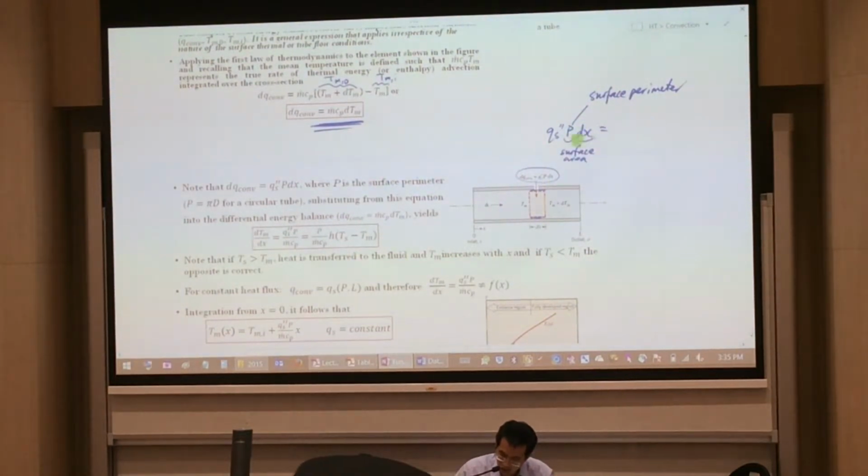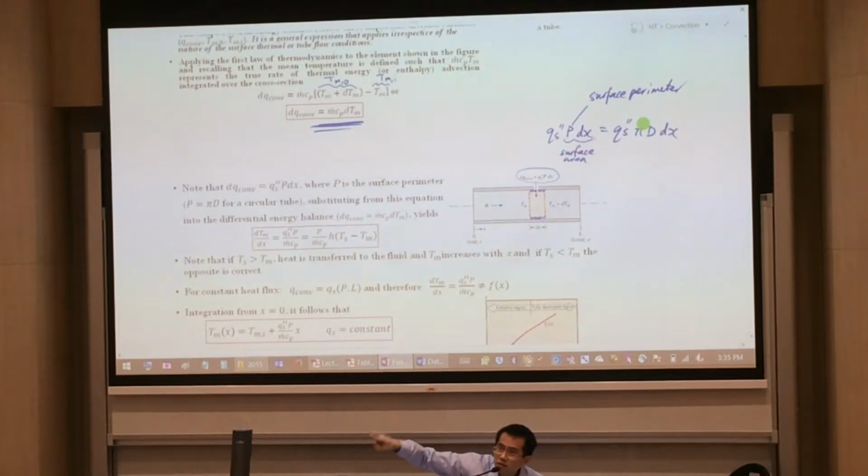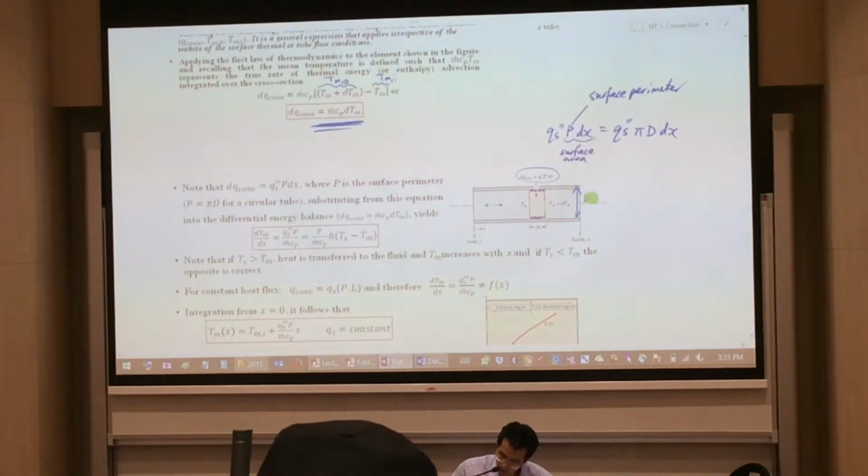So we can call this dA. So if I were to break it down, that is Qs double prime pi d dx. That parameter is actually pi d. This parameter is your 2 pi r. So 2 pi r is actually equal to your pi d, where d is your diameter. The diameter d over here.